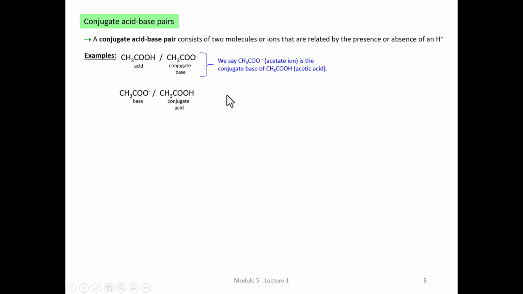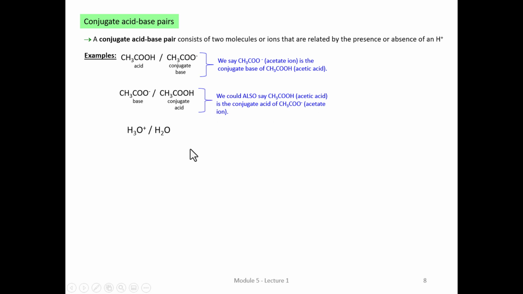So here we would say that acetic acid is the conjugate acid of the acetate ion. Both of these examples are saying the exact same thing. They're just stated differently or labeled slightly differently, but they're both the same conjugate acid-base pair.